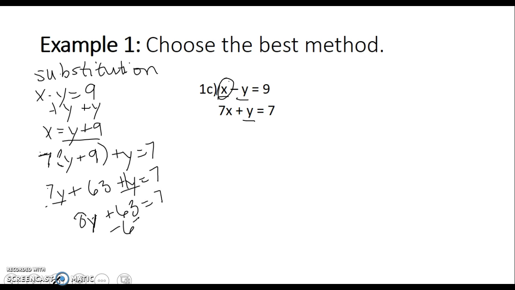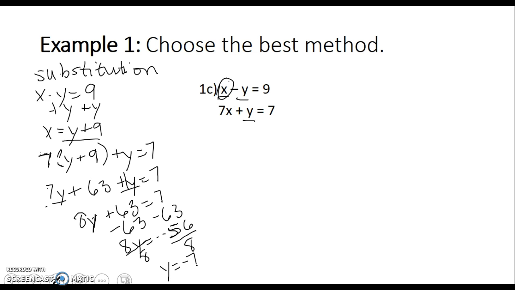I subtract 63 from both sides. I'm writing it at an angle now, I apologize. I have 8y equals 7 minus 63, which ends up giving us negative 56. Divide negative 56 by 8, and I'm left with y equals negative 7.